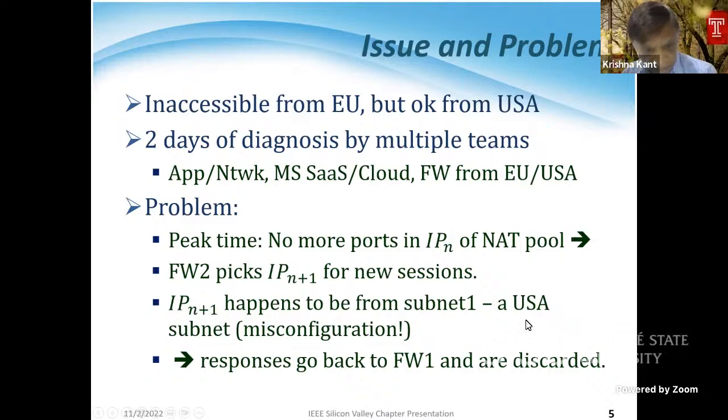And this is obviously a misconfiguration. As a result, all the responses went back towards USA, which means they passed the firewall 1, which was for USA, and the firewall 1 said, hey, I don't know this, and just dumped them. So that was the problem.